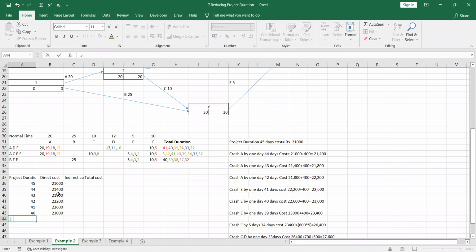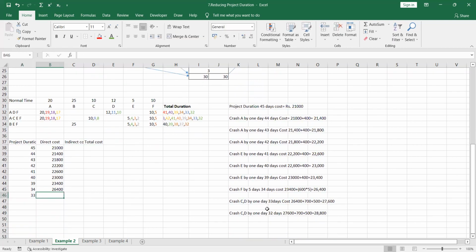For 39, it is 23,400. For 34 days, it is 26,400. For 33 days, 27,600. For 32 days, it is 28,800. They are asking, you have to assume that we are not getting any indirect cost.